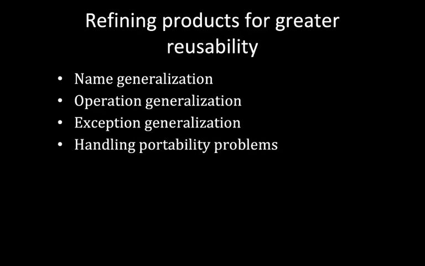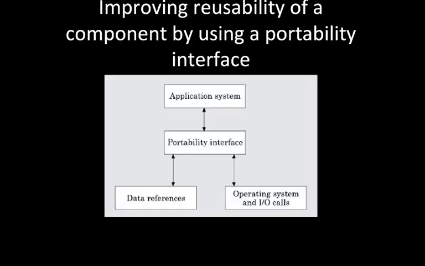Then handling portability problems. If we want to port from one system to another, from one operating system or hardware to another, all these portability problems should be addressed when you refine these products for supporting reusability.